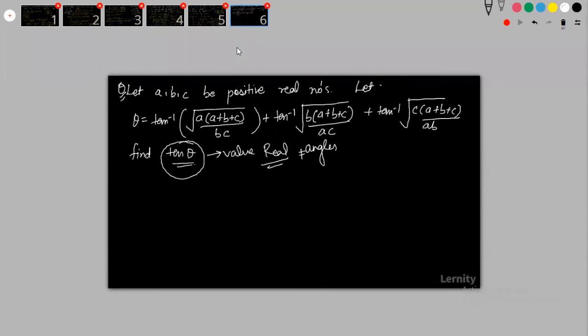If your answer is pi by 4, that means this was supposed to be tan inverse, but this is tan theta. No, the answer is 0. Just check the calculation once. Tan of theta will give you 0.